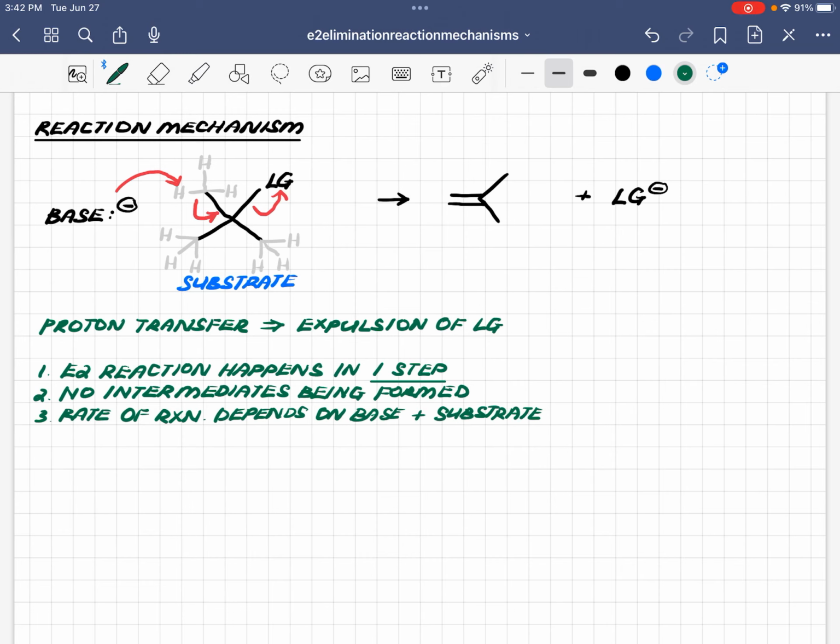We can also note that tertiary substrates will undergo faster reaction than secondary or primary ones.